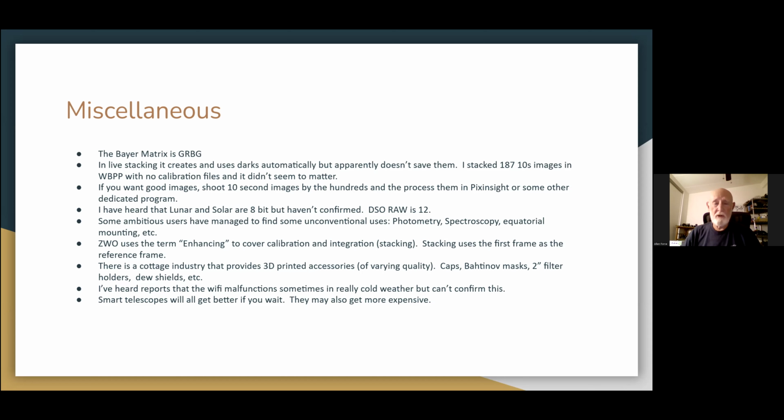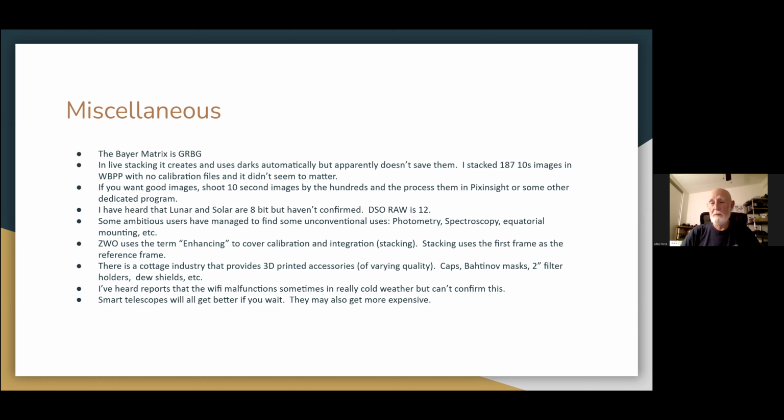Live stacking creates darks. I mentioned that before, but it does it automatically. If you go into your stargazing mode, you start imaging, it'll say, okay, you're enhancing, we're going to calibrate. And what they mean is they're going to take darks. It doesn't save them. I haven't found any way to do that.